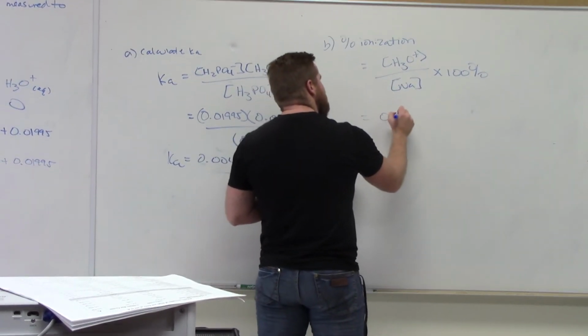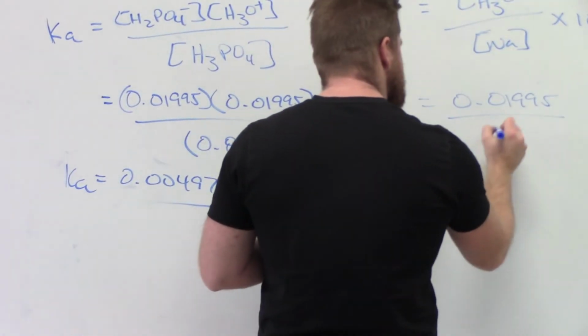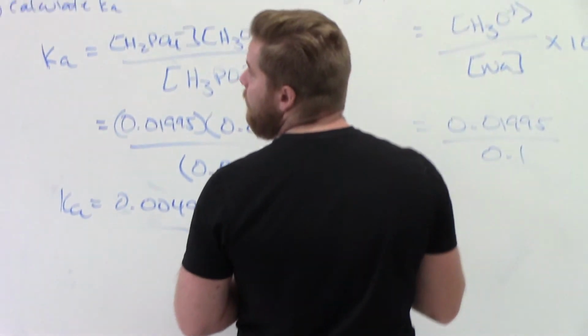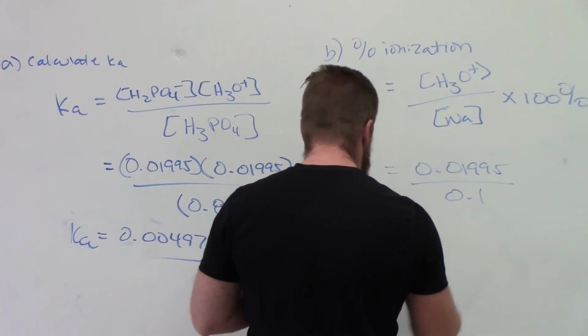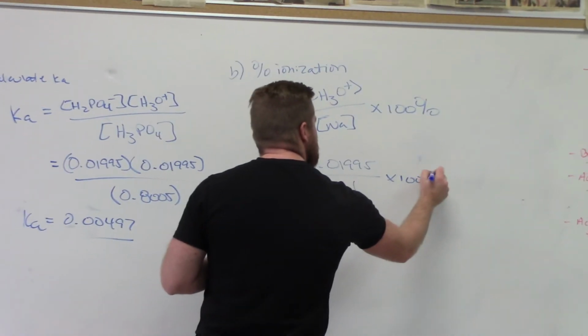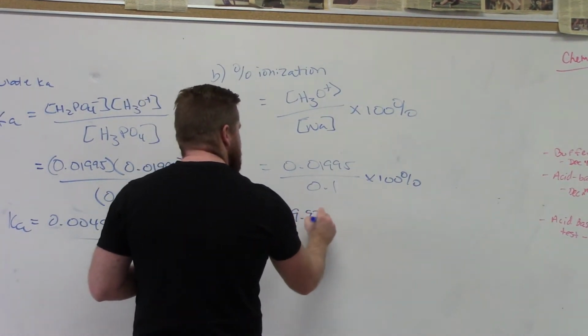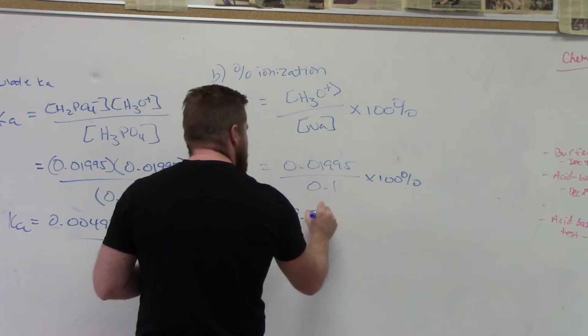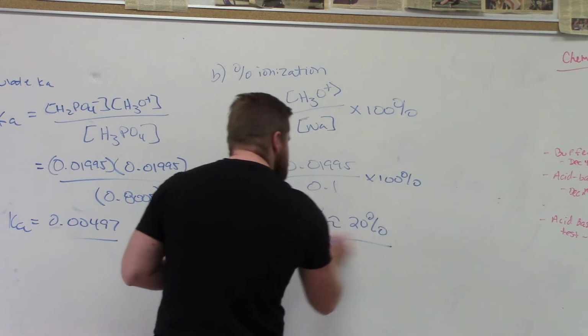So that equals 0.01995 over 0.1, times 100%. So that equals 19.95 or approximately 20%.